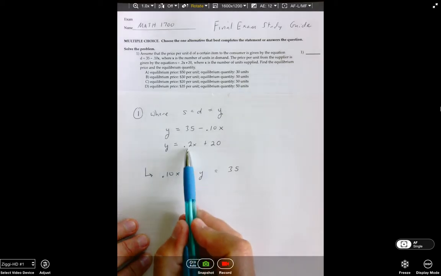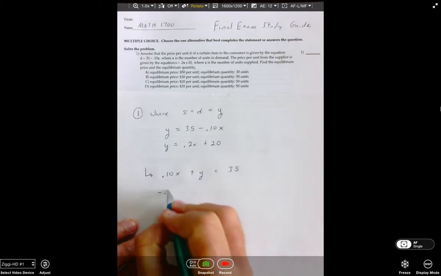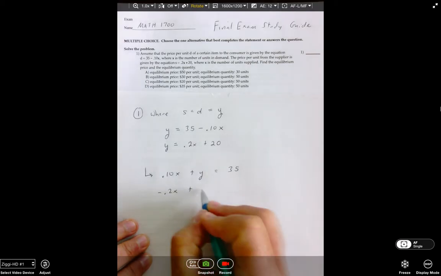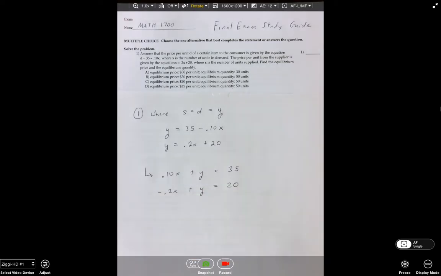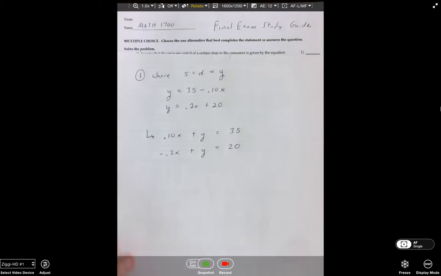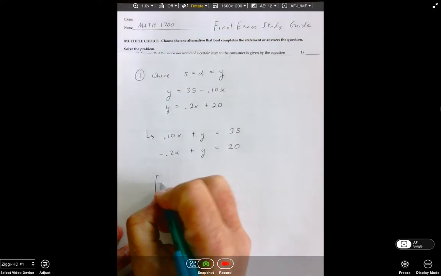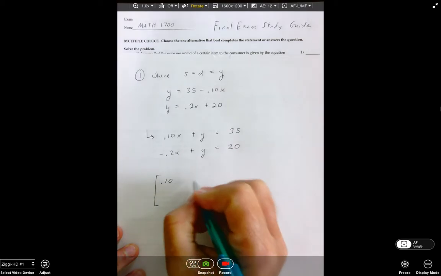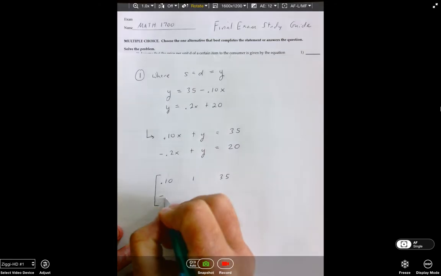And the next thing I want to do is bring this 0.2x over here. And I see I get this. Now, what we should know from now is that we can put this in using augmented matrices.